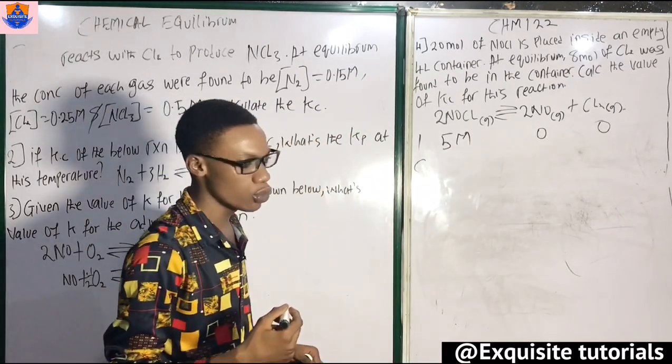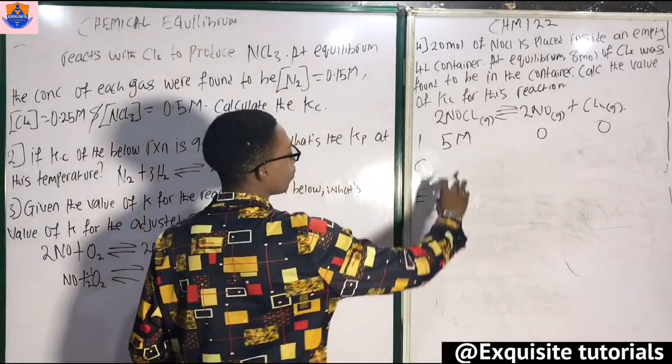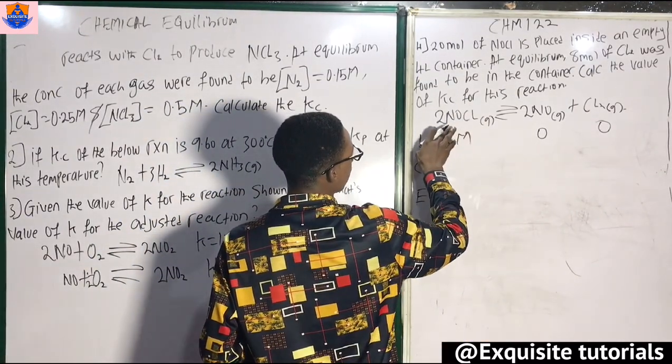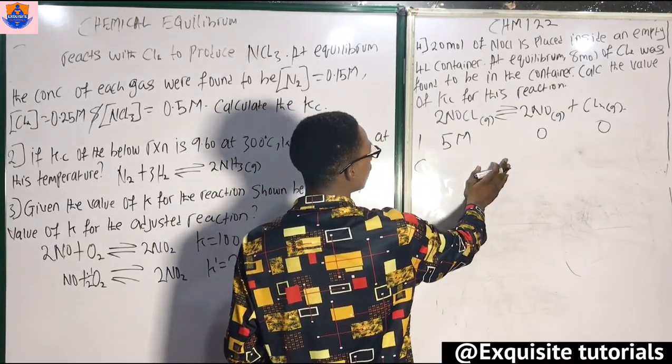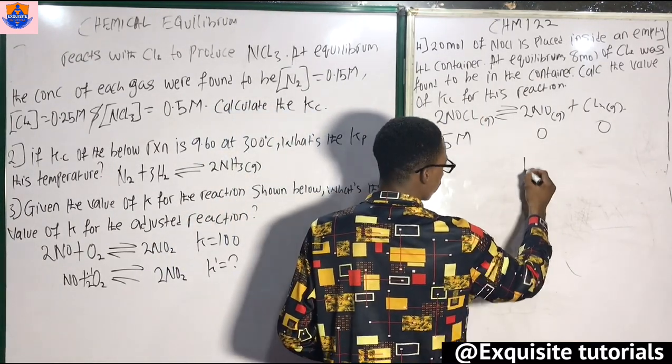Now, what should we understand about chemical equilibrium? This equation is at equilibrium, meaning, let's assume something. Let's draw something.